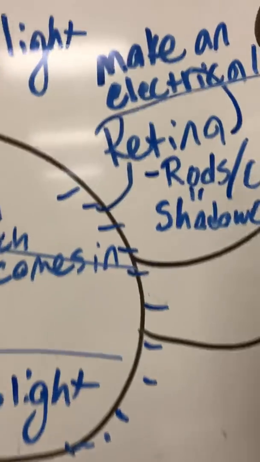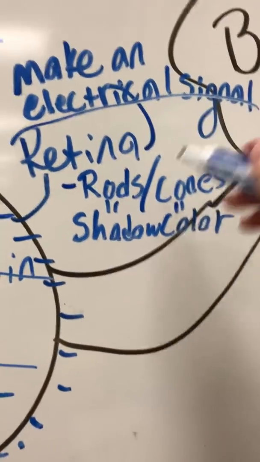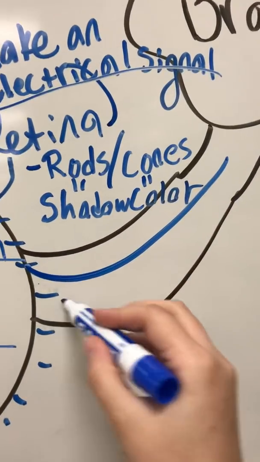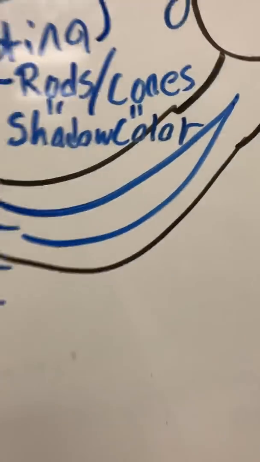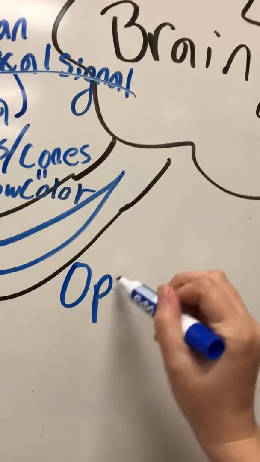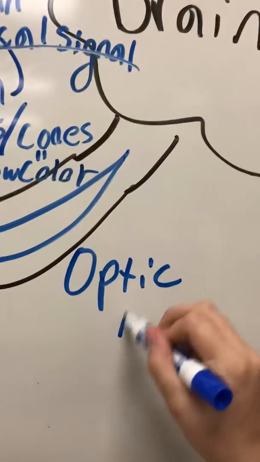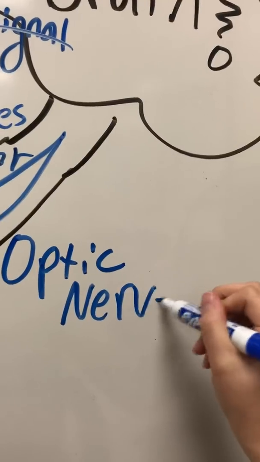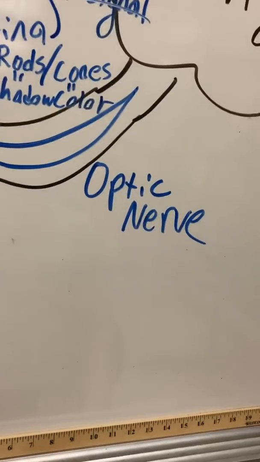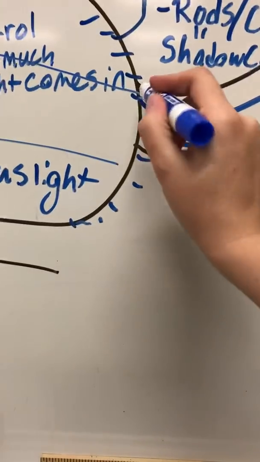So the retina makes these signals right here and then shoots up through this guy, and it happens so fast. That is called the optic nerve. Okay, so the optic nerve is kind of like the postman, all right? And maybe this is you at home writing a letter.